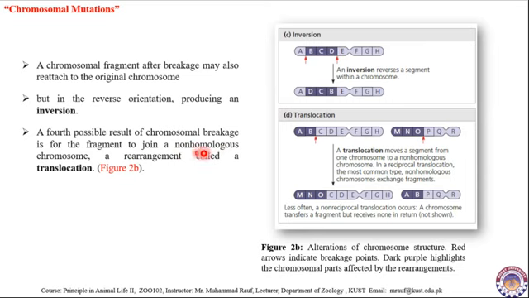So if segments are exchanged between non-homologous chromosomes, it is translocation, and if segments are exchanged between homologous chromosomes, then it is a normal vital process responsible for genetic variability, and it is called crossing over.